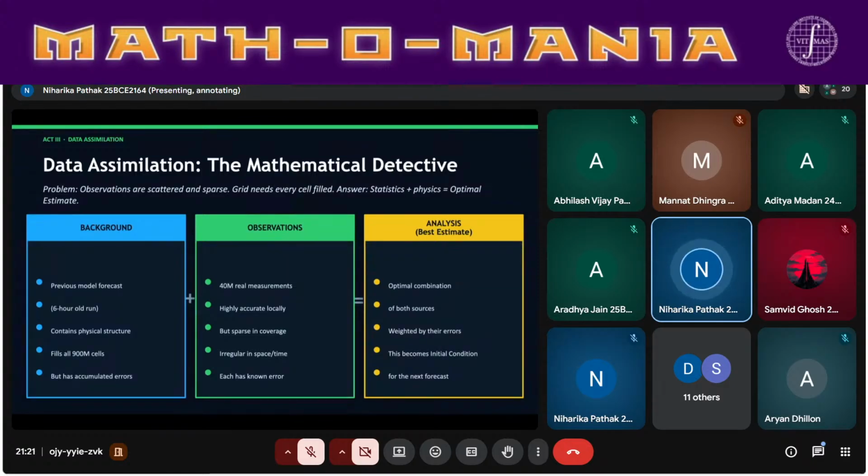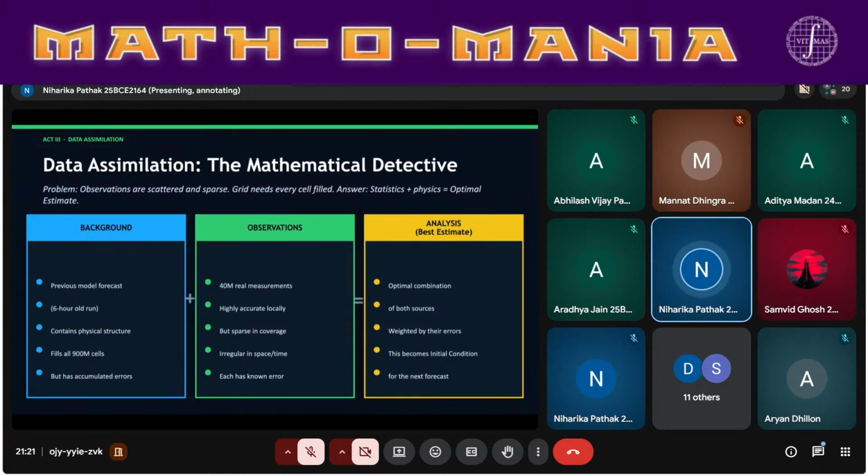But the solution to this is actually very elegant and beautiful. You take your previous model forecast, which has physical structure but has accumulated errors over time, and you blend it with your new observations using weighted statistics. So each observation gets a weight based on how accurate it's known to be. The result is the most optimal estimate of the current state of the atmosphere.